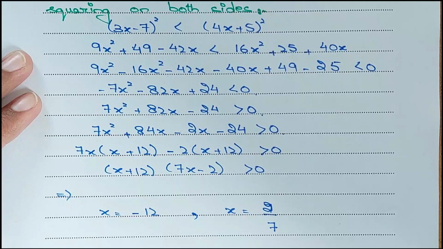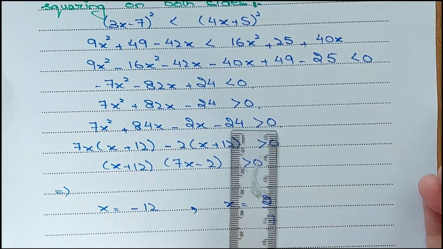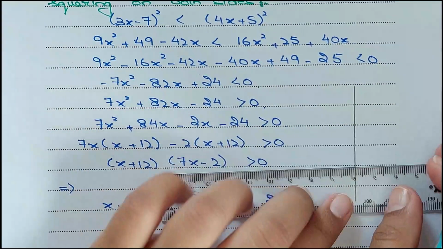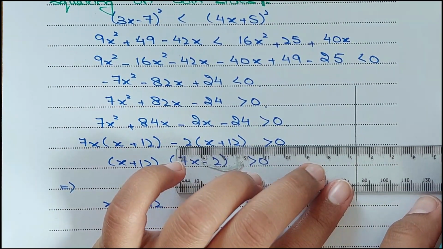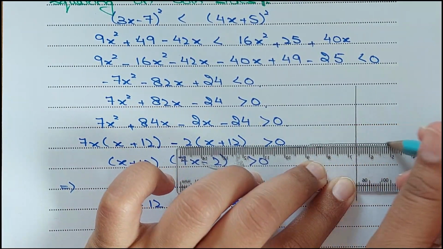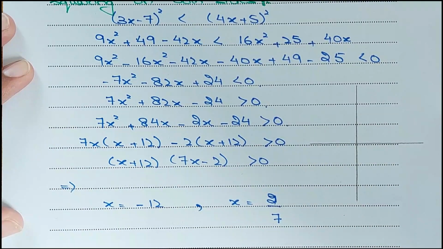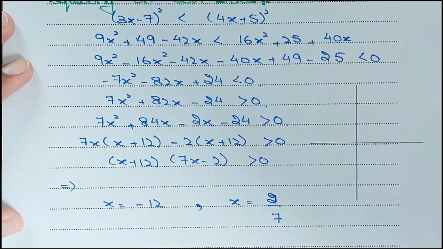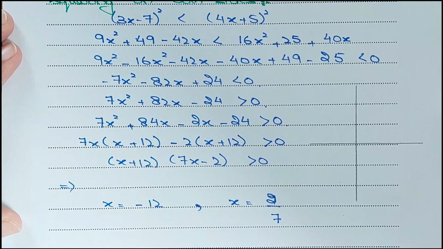If I draw the curve, the parabola, we have two roots, minus 12 and 2/7, which is 0.28, about 0.3.